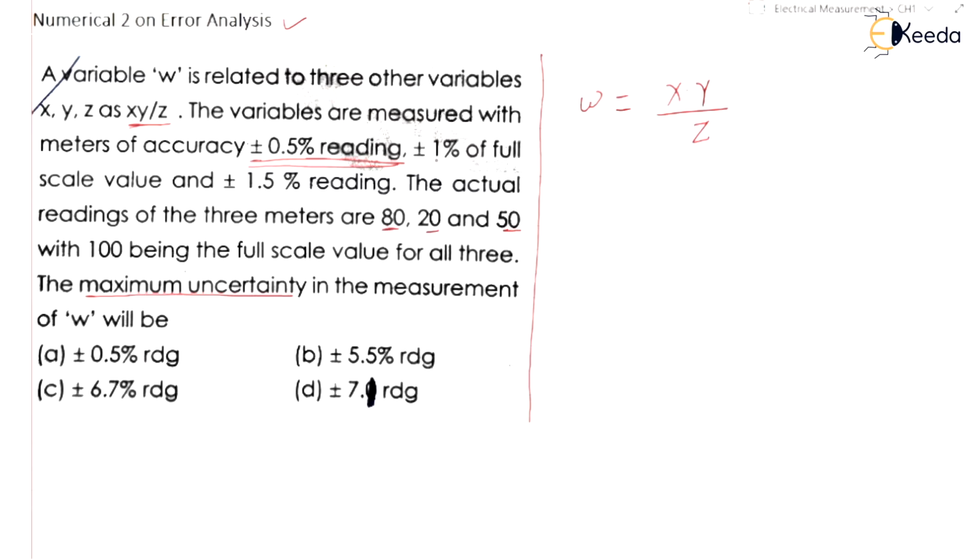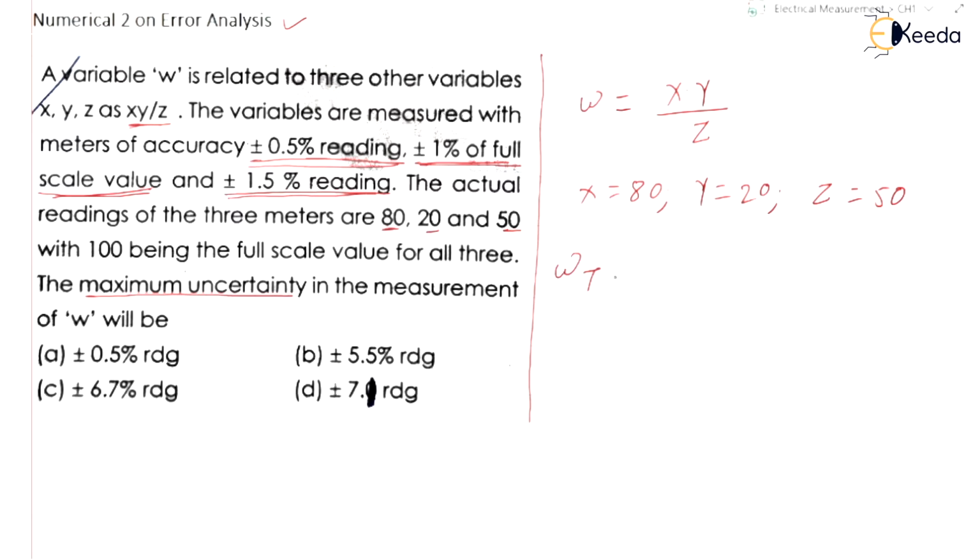Next, the meter which is used for measurement of y has accuracy of plus minus 1% of full scale value, and the meter which is used for the measurement of variable z has accuracy of plus minus 1.5% of the reading. The actual values are given: x is 80, y is 20, and z is equal to 50.